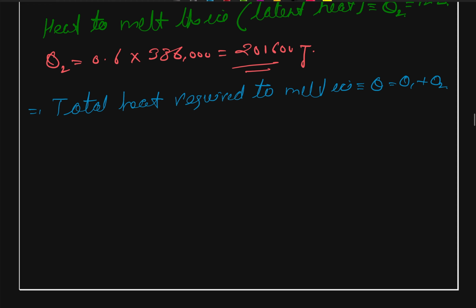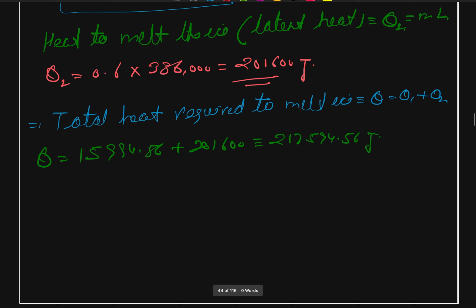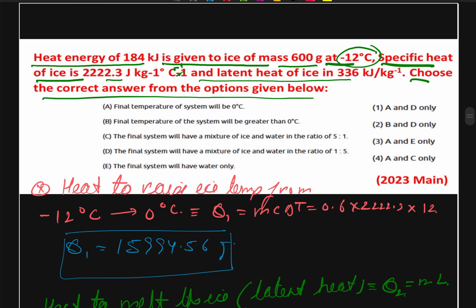So we get our Q is equal to 15994.56 plus 201,600, and that will be coming equal to 217,594.56 joules. But the heat given is 184 kilojoule.